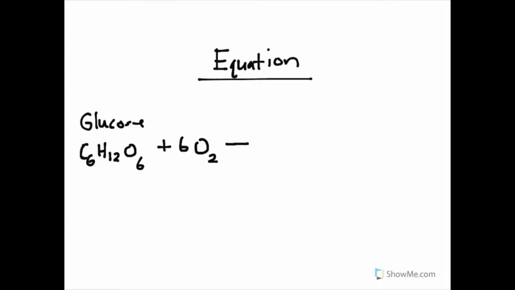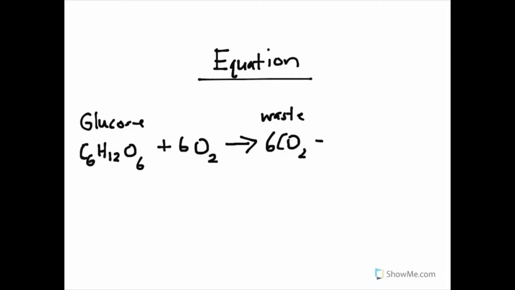Now, what we want to discuss further is when this happens, these 6 oxygens and a glucose will be scrambled. You will get rearranged, and we will form 6 carbon dioxides as a waste product from this.